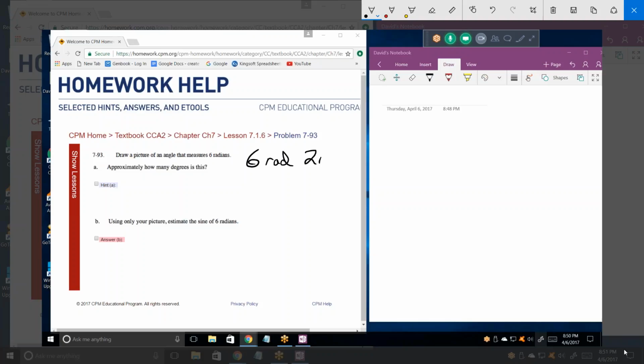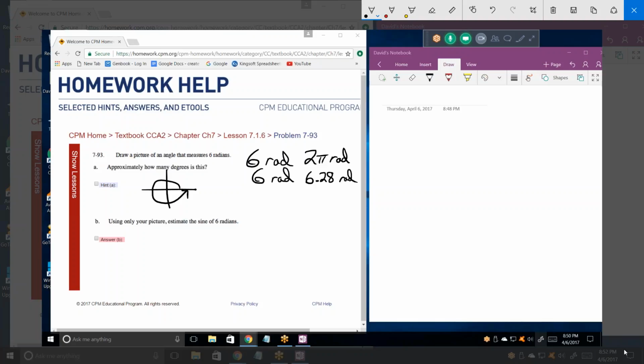Oh, what's pi equal? 3.14. Okay, so that's 6.28 radians. So how would I draw an angle that's 6.28 radians? 360 degrees, right? 2 pi radians is 360 degrees.